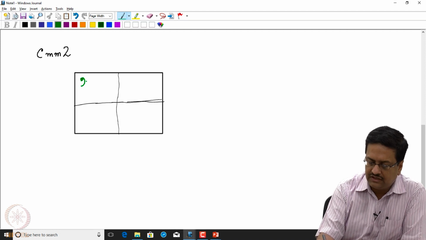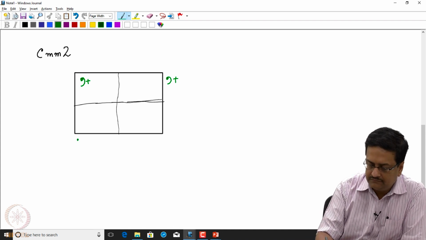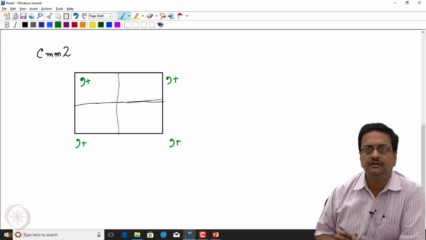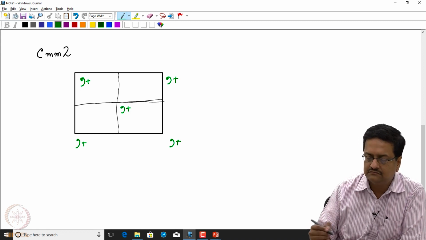So this is my first point which I am translating. And the point related to C centering is here.